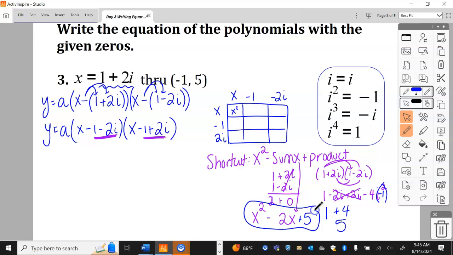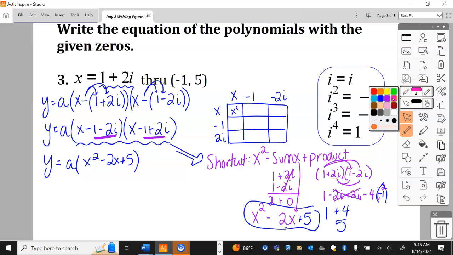So if you continued with the box method, you would end up right here. And we have cleaned up our answer a little bit. We have magically multiplied these using our shortcut. So we now have a times x squared minus 2x plus 5. Okay, and from here it's very straightforward, just like the other examples. You've been given your coordinate point, so plug it in to find your leading coefficient. This is my x value, this is my y.